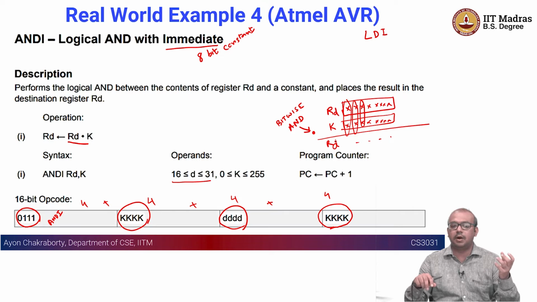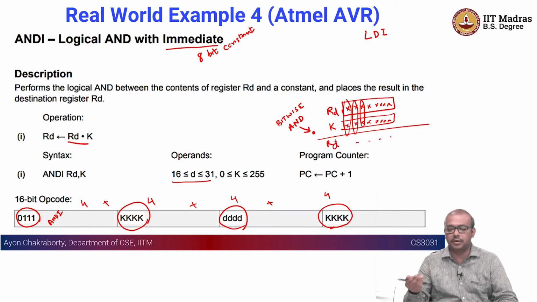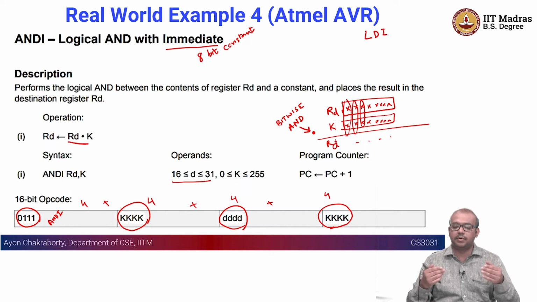But we are not really arguing about how the bits should be placed, or what kind of instructions should be supported. Those things are not being discussed as a part of this course, but we will focus on, given the ISA, how to build the underlying microarchitecture to satisfy that ISA, right?